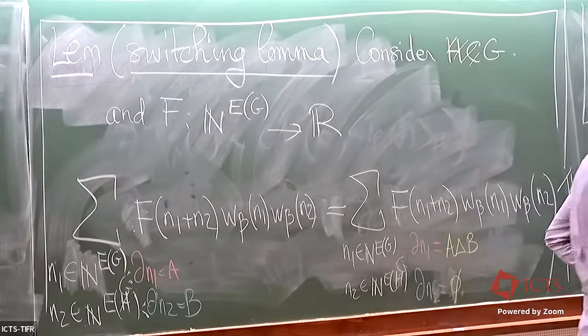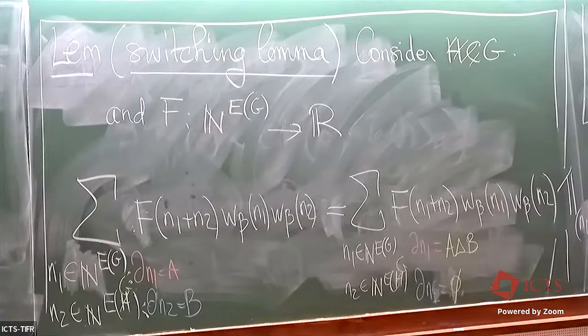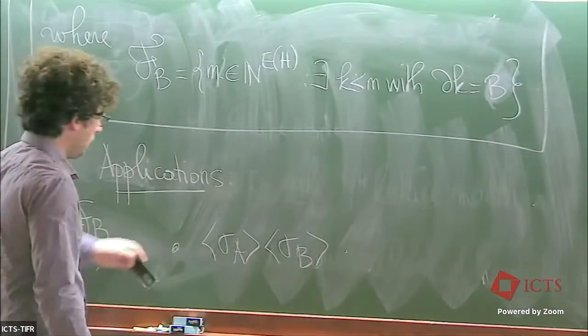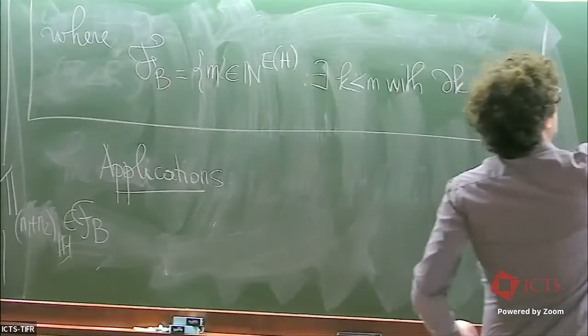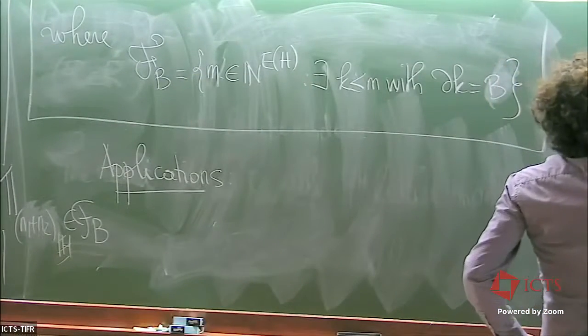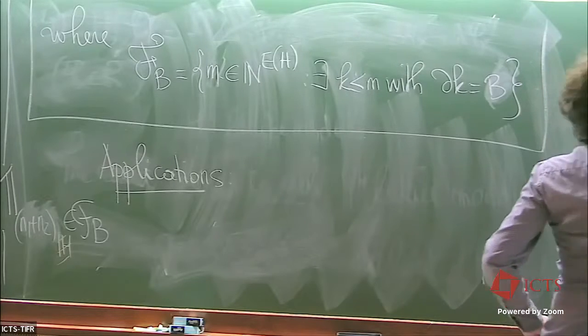So applications. This is not directly related to what we are going to do, but I think it's so nice that I can't resist. You could try to look at the product of, imagine I look at this quantity.